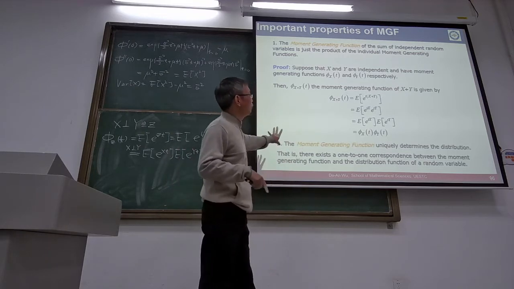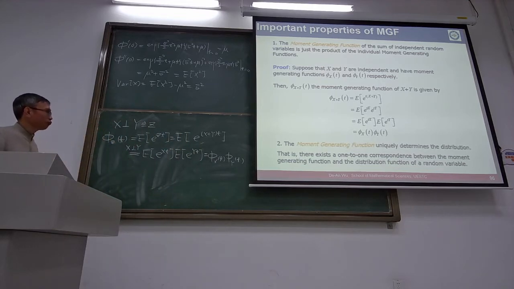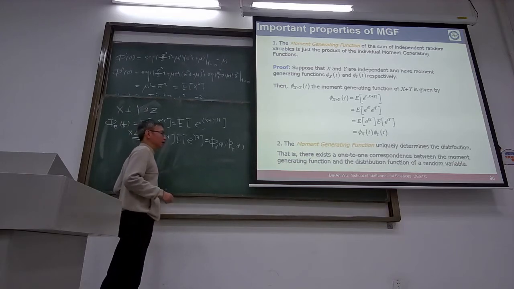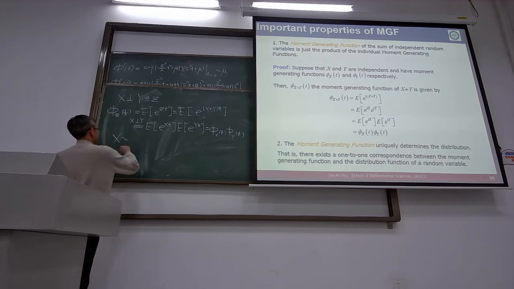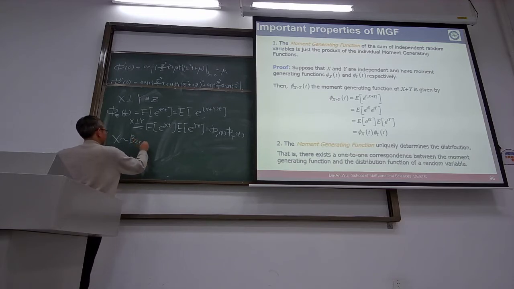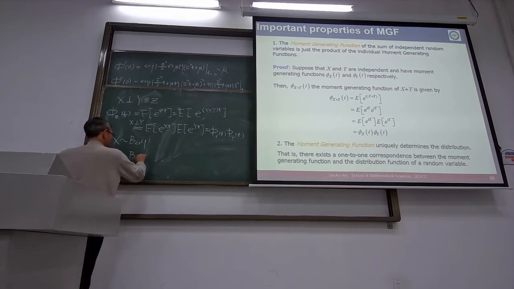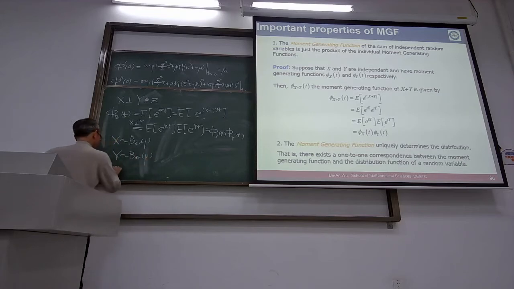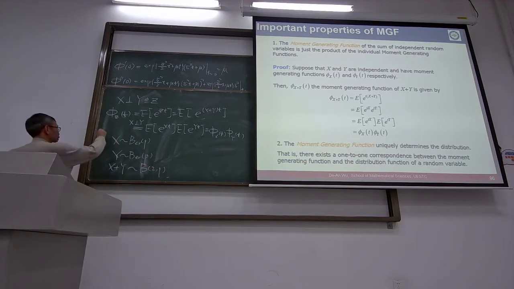So using these two important properties, previously we have several interesting and useful results. Namely, if X follows Bernoulli with parameter p, and Y also follows Bernoulli with p, and X and Y are independent, then X plus Y follows binomial 2, p. This is the first case, a special case.